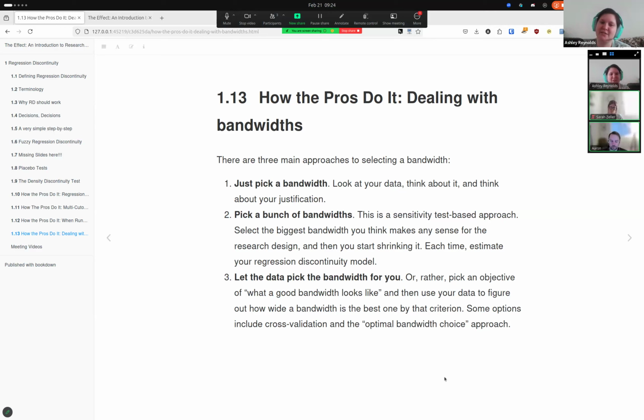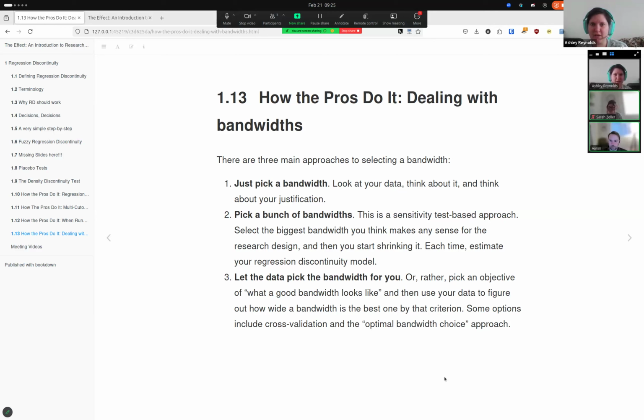So you have to select an objective of what a good bandwidth looks like, and then use your data to figure out how wide a bandwidth is the best one by whatever your criterion is. Some options for this data-based approach include cross-validation and the optimal bandwidth choice approach, which you are welcome to read further about if they sound helpful to you.